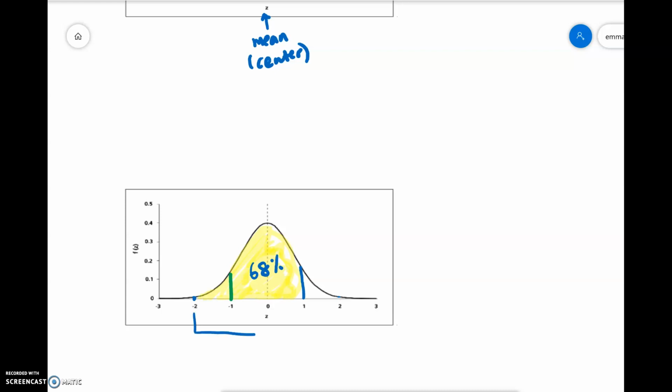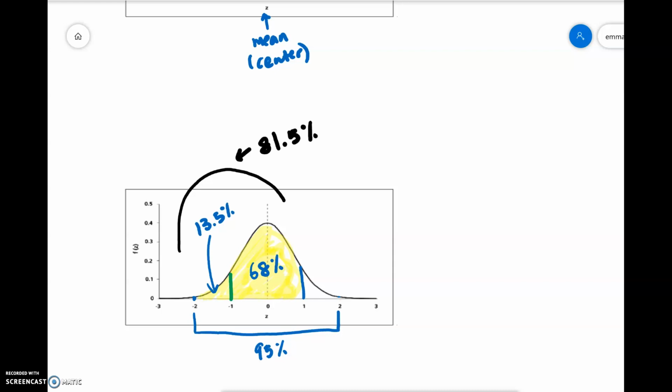Then within 2 standard deviations, we have 95%. Then for this tail, we have 13.5%. So overall, we have a probability of 81.5% by adding those two probabilities.